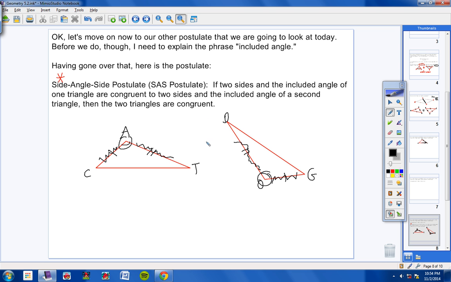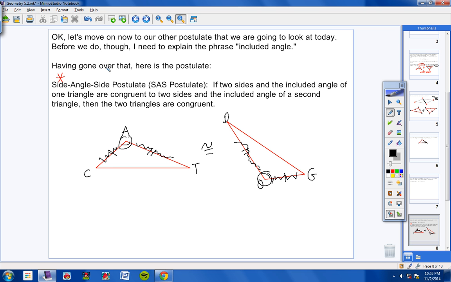And anytime that happens, then I know for sure that the two triangles are what? Congruent. I know that for sure. This is such a cool shortcut. So from now on, anytime that I know that a side, angle, side of one triangle is congruent to side, angle, side of another triangle, then I know the two triangles are congruent. That's really, really helpful, okay?